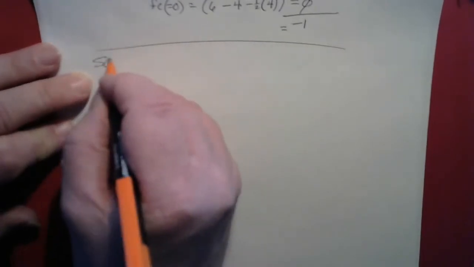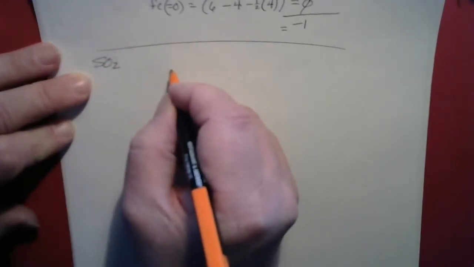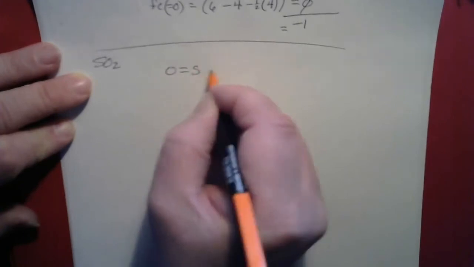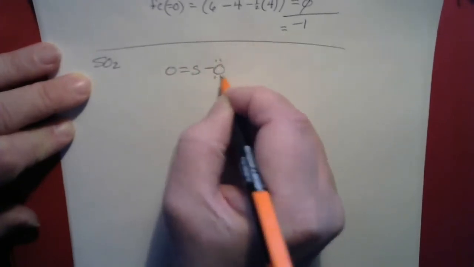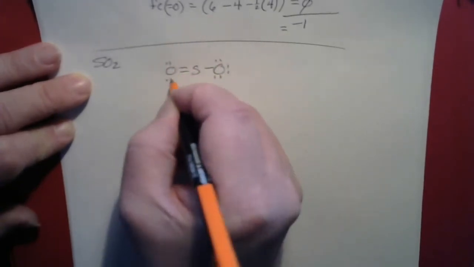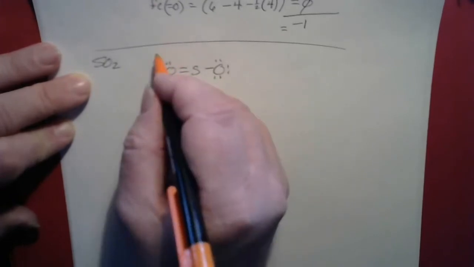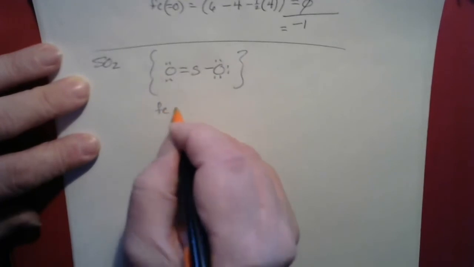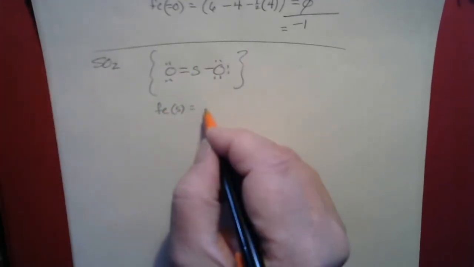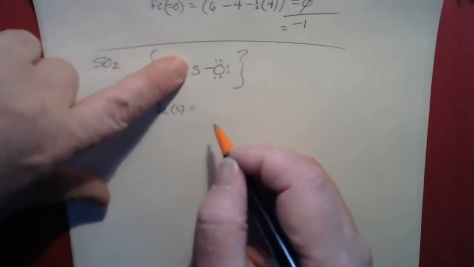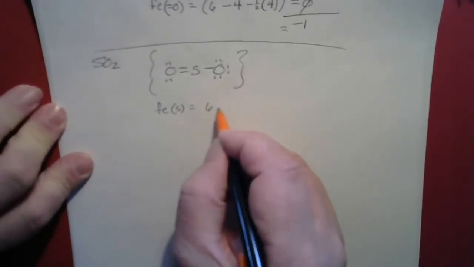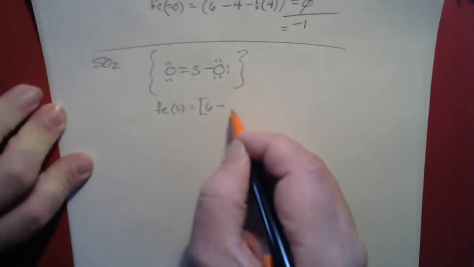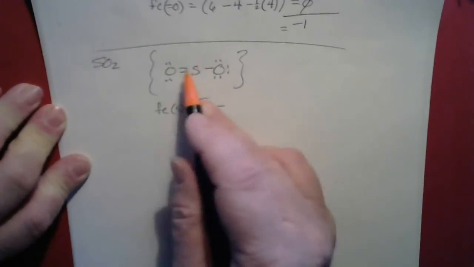For SO2, we ended up with oxygen double bonded to sulfur, single bonded to the other oxygen. We ended up with that as the Lewis structure. And the formal charge on the sulfur will end up being the normal number of valence electrons for sulfur, which is 6, minus the lone pair electrons on the sulfur.